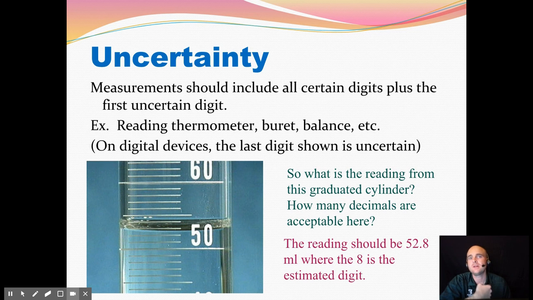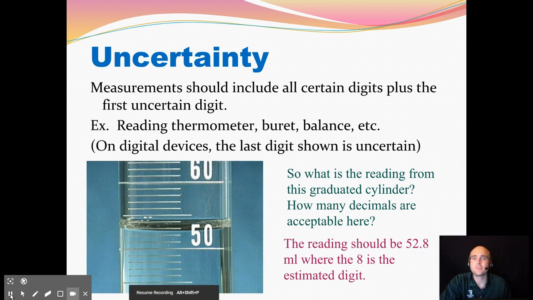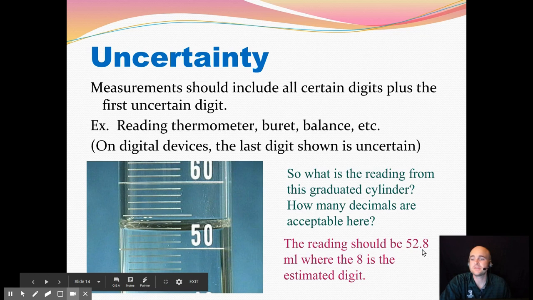Get in the habit of adding that one last digit, because the human eye can approximate to a reasonable degree of error, to about a tenth of this place. So go ahead and just add one more digit to your best judgment. The purpose of this is so that you would know that this is closer to 53 than it is to 52.